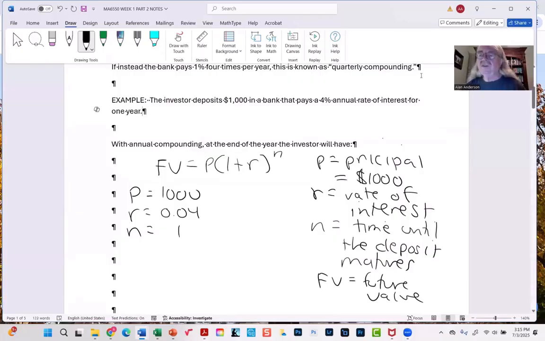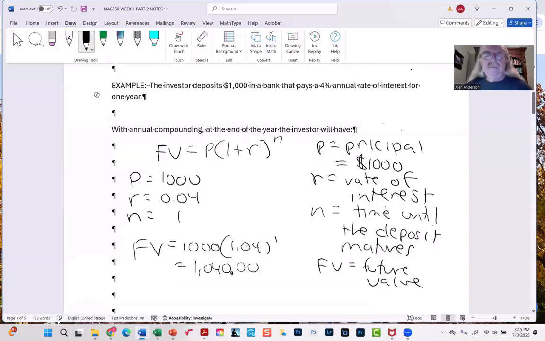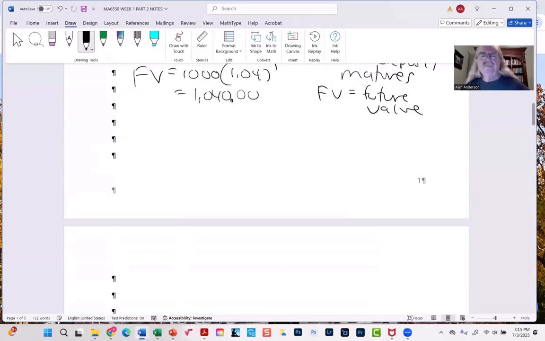The rate is 4% per year, and it's 1 year for which we'll keep the money in the bank. So we know how to do this already. FV equals 1,000 times 1.04 to the first power, and of course that means that $40 is the interest that we earned.